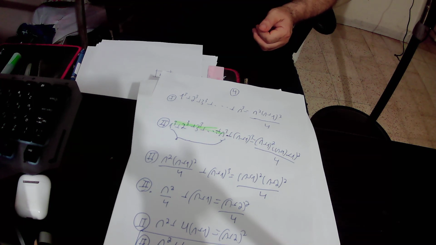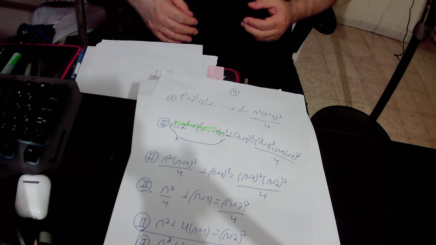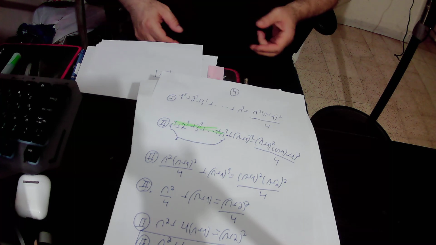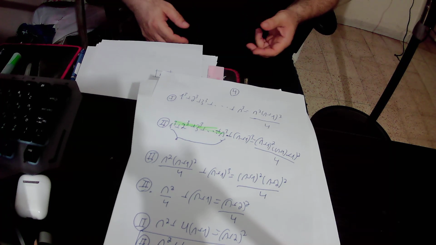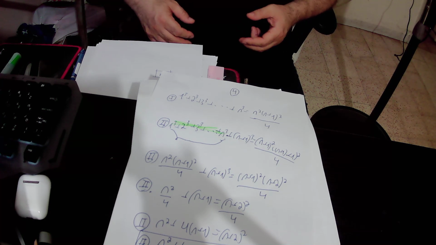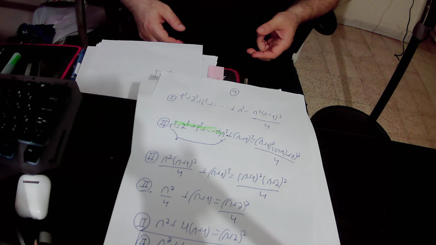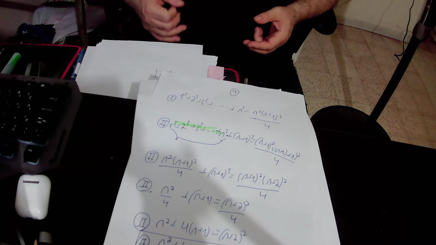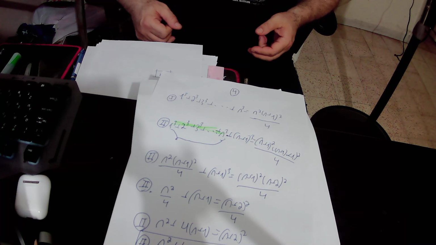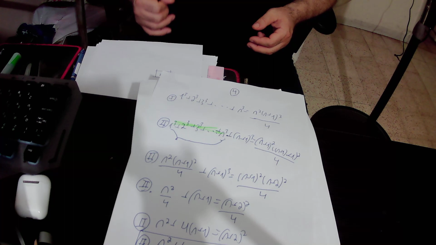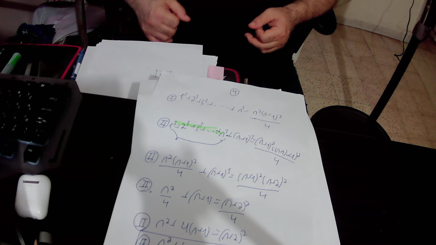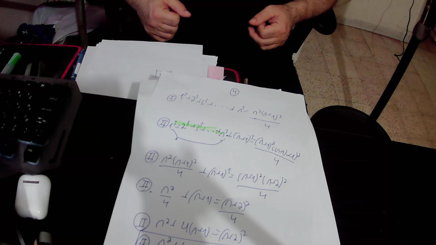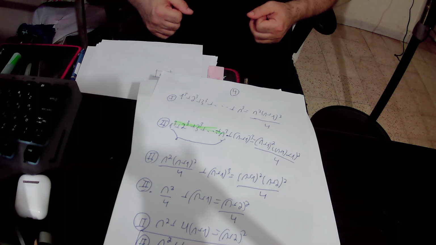Because we checked that it is true for n equals 1, and we proved in general that if it is true for n, it must be true for n plus 1 also. So from that we can deduce that because it is true for n equals 1, it must be true also for n equals 1 plus 1. That is to say, it must be true for n equals 2.